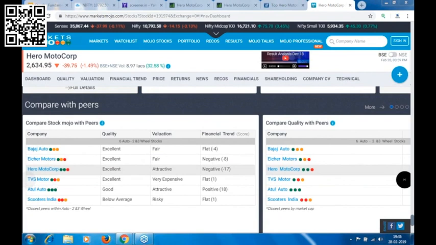So these dots, they just work like your traffic signal. If you see Atul Auto, this is showing that the quality is excellent, the valuation is also attractive, and the financial trend is also positive.